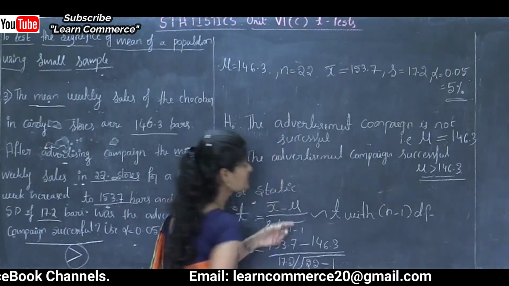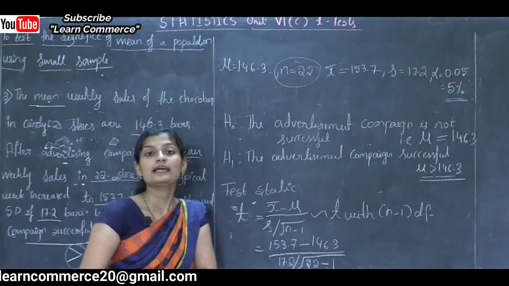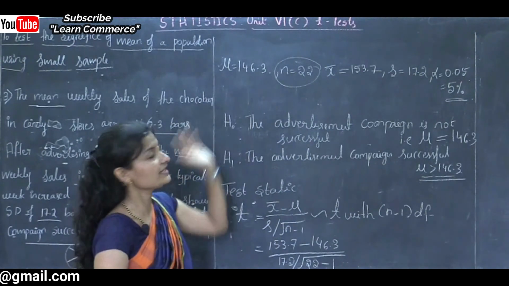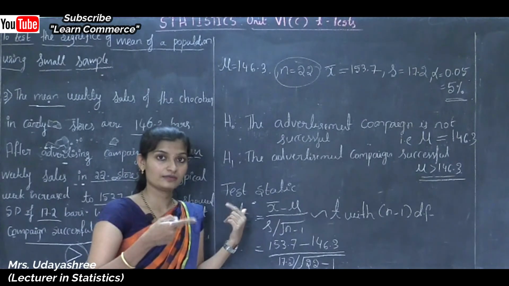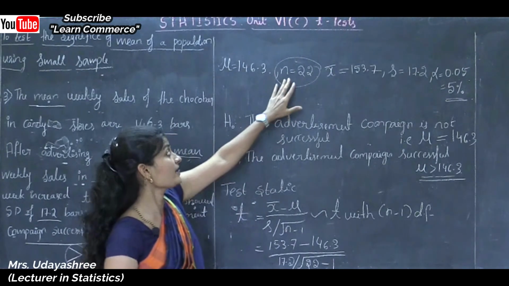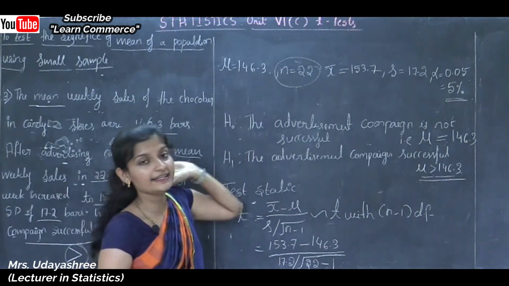This n is less than 30, so this is a t test. If it is more than 30, then it is a large sample test.